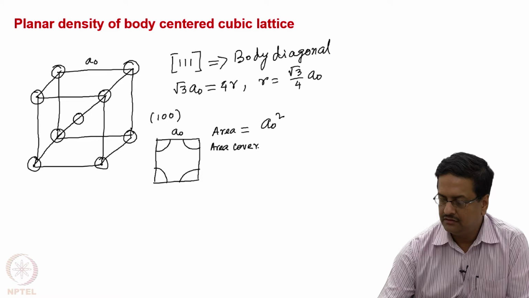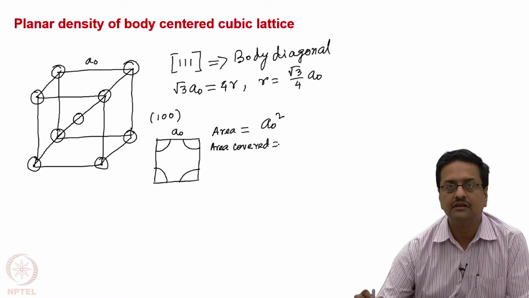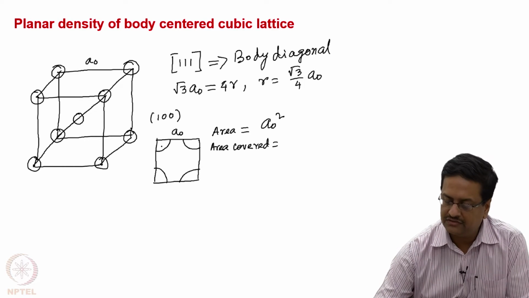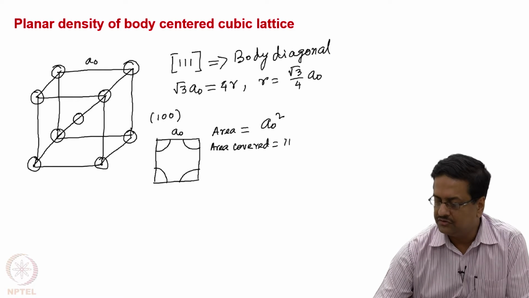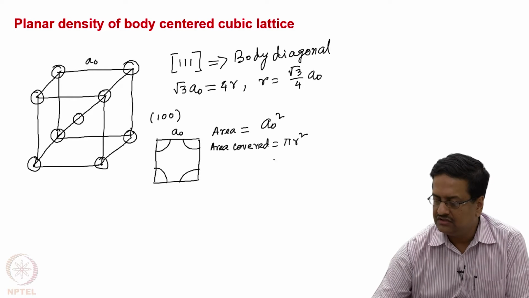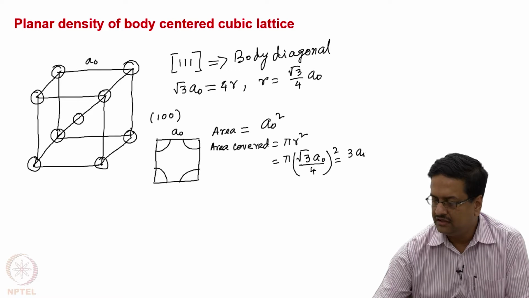by the atoms is nothing but pi r square, because 1/4, 1/4, 1/4 and 1/4 gives you pi r square, which is equal to pi times root 3 A0 by 4 whole square, which is equal to 3 pi A0 square by 16.